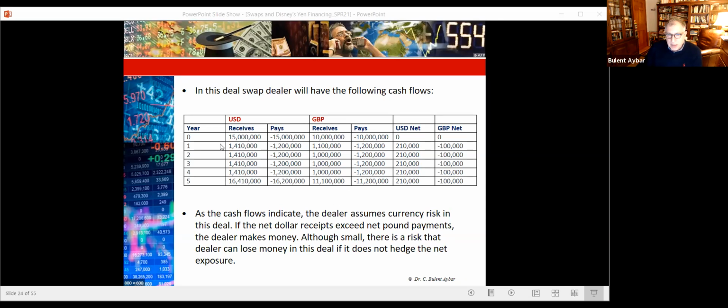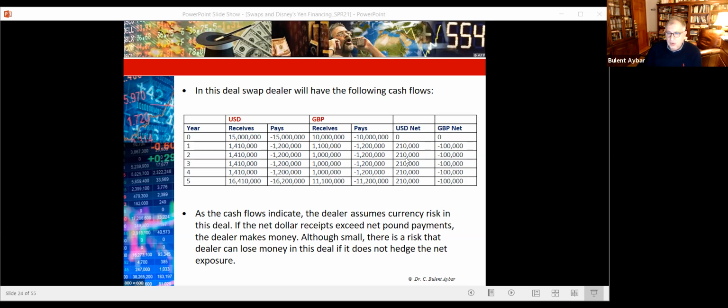I wanted to summarize that at the end of the deal, swap dealers most likely close the deal with some profit, but as we showed here, its US dollar net receipts are most likely higher than its British pound net payments. So as long as its dollar net receipts exceed its pound net payments, the swap dealer is going to close a deal with some profit.